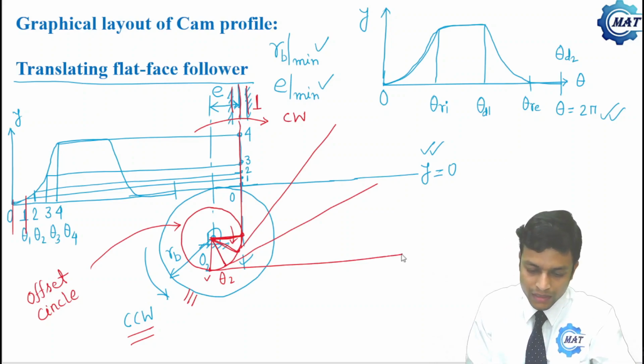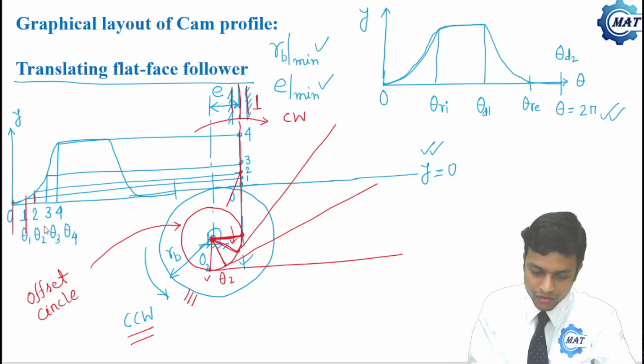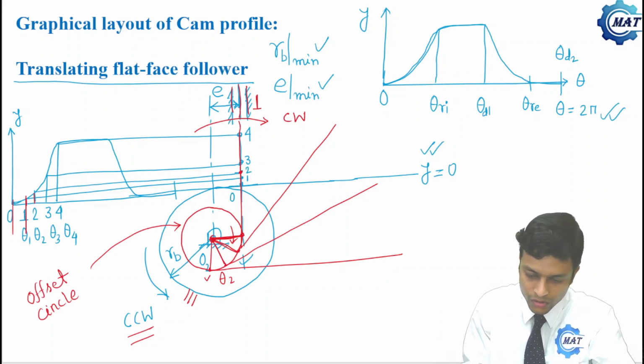Now the distance of the follower from the cam center at station point 2 is nothing but this one. Sorry, first for 1, so let me draw it. Corresponding to theta 1, the distance of the follower from O2 is this one.